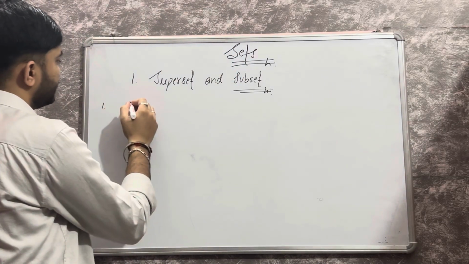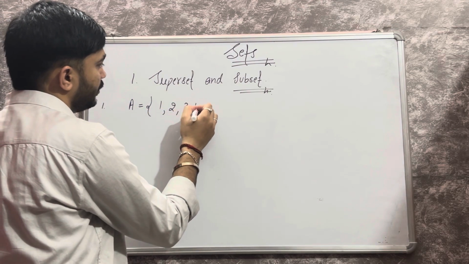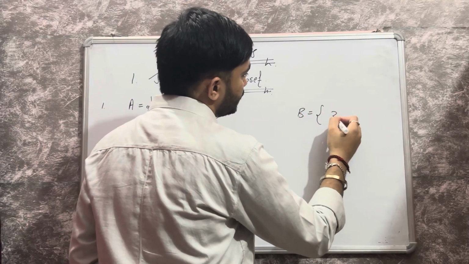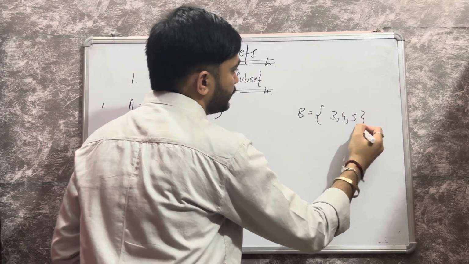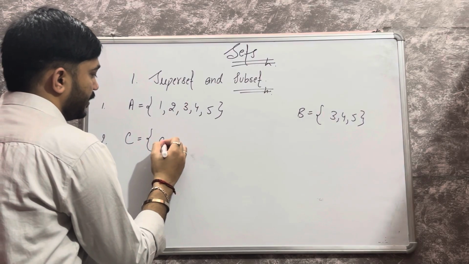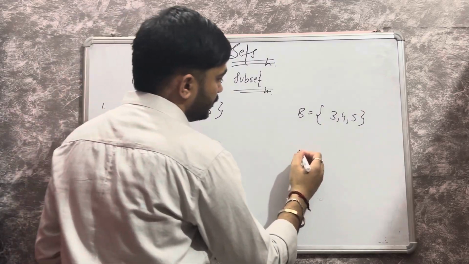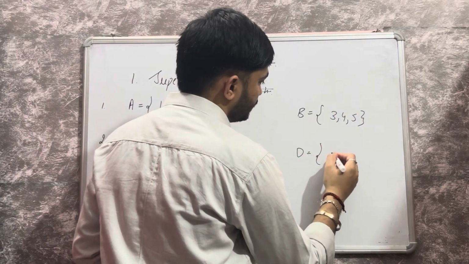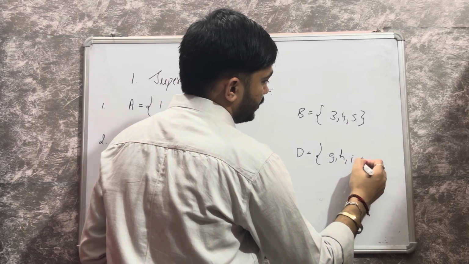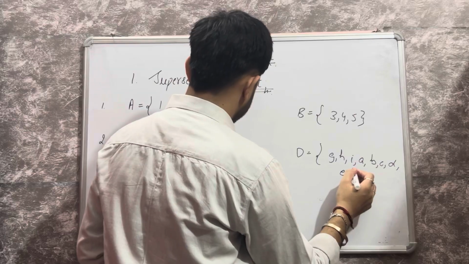Firstly, let us take A equal to {1, 2, 3, 4, 5} and B as {3, 4, 5}. Second, C as {A, B, C, D, E} and D as {G, H, I, A, B, C, D, E}.